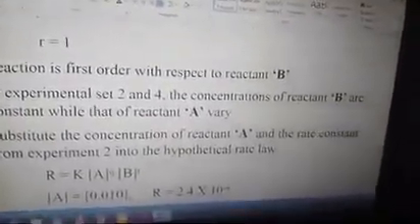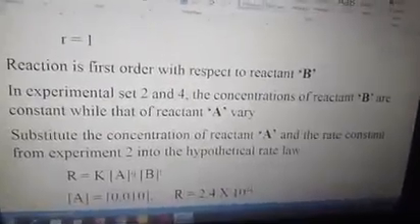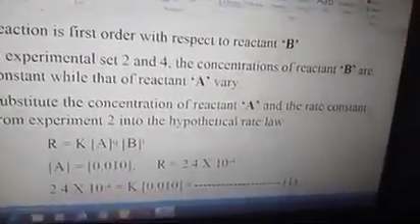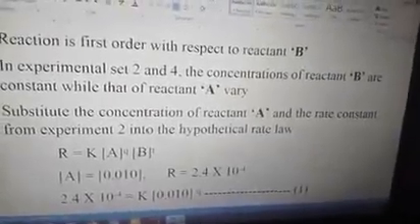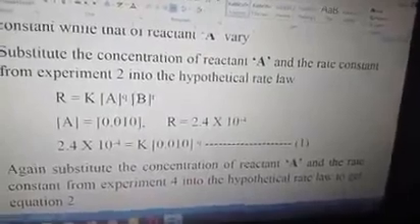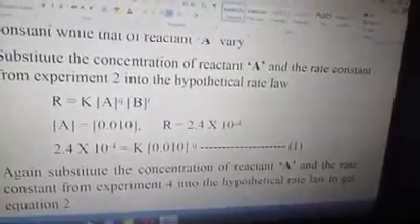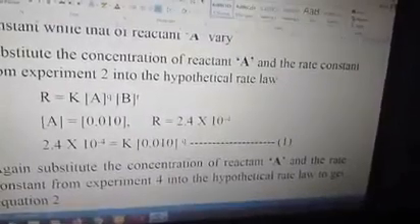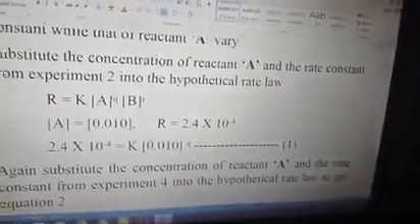The concentration of B is constant, while that of A varies. So substitute the concentration of reactant A and the rate from experiment 2 into the hypothetical rate law. The concentration of A in experiment 2 is 0.010, and the corresponding value of R is 2.4 times 10 to the power minus 4. We substitute.